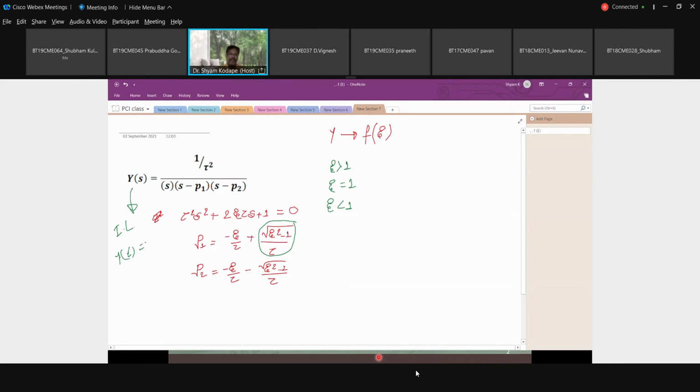And that y(t) expression will depend on psi, whether psi is greater than 1, equal to 1, or less than 1. This will decide P1 and P2 and their nature, and then the combined effect will give us the nature of y, the nature of the output.